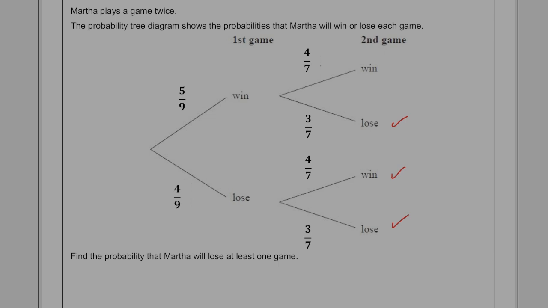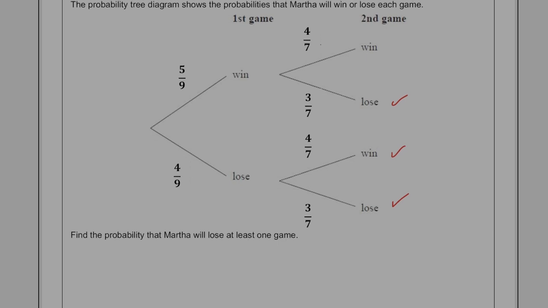But to make it a bit easier, what I'm going to do is say that if that's the only branch, it's going to be the probability of at least one loss. So the probability that the loss is greater than or equal to 1 is going to be equal to 1 minus the probability of winning both matches, winning both games.